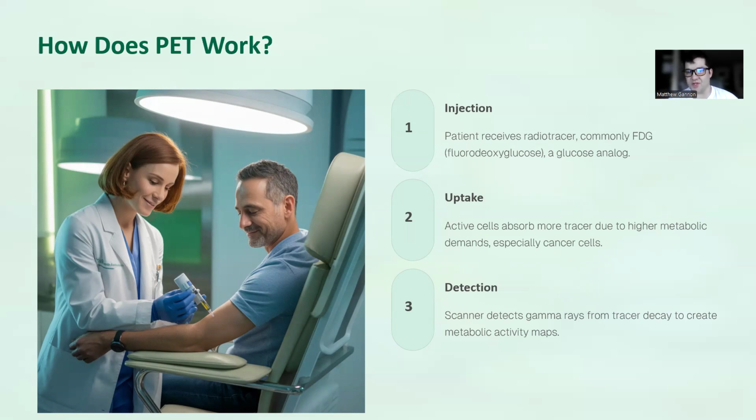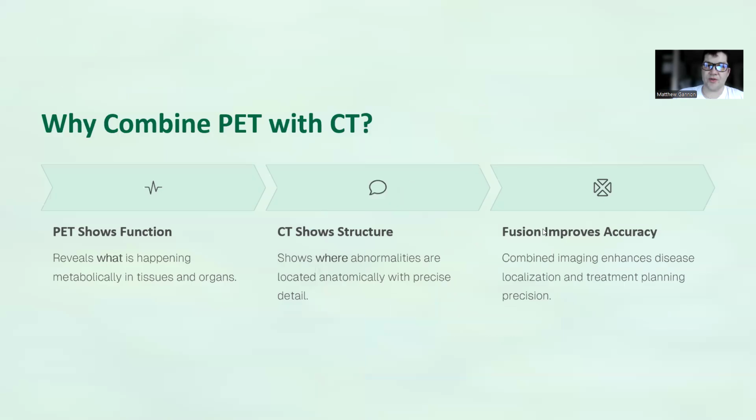So it fuses to those, and then the scanner will detect those gamma rays. It's basically what they call a gamma camera. That's the thing the CT scan can't do, but the gamma camera can do within the PET scan. The CT will provide anatomical information on top of that as well. So that's kind of how it goes.